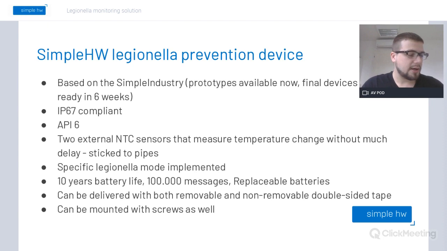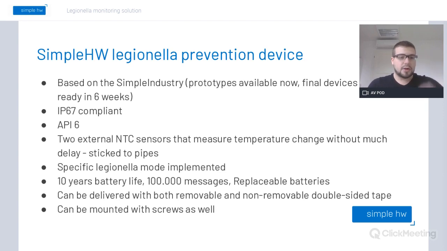If you want to try it out, maybe you were inspired by this webinar and you will want to try out the device for yourself, it's of course possible to get a prototype right now. Just keep in mind that the final devices will be ready in about a month and a half.